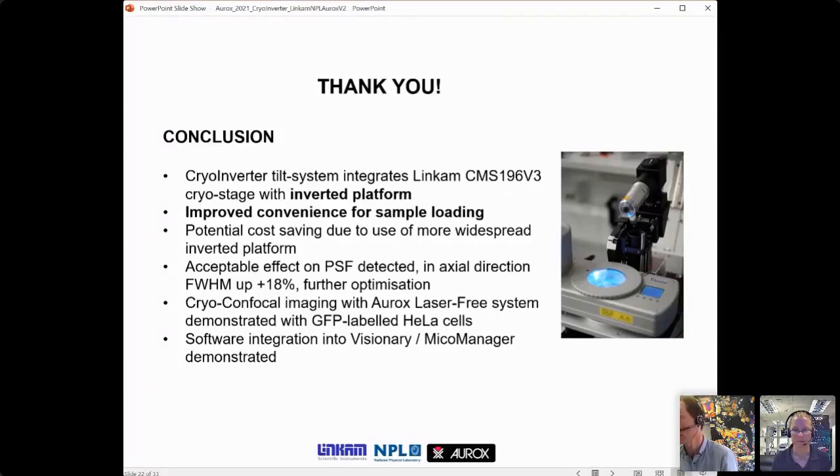So yes, that's a valid point, but it's not a practical roadblock. I guess that problem would happen if you were on an upright system and you had to remove the stage to mount the sample anyway. You'd still have to make sure your lens was dry and free from condensation before you put the stage back onto the microscope. So it's probably a universal problem.